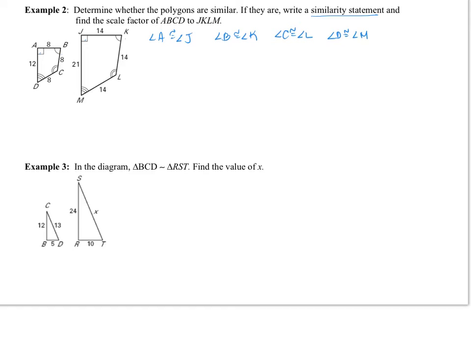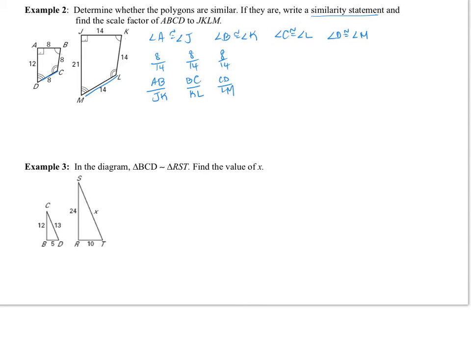Now we need to look at their sides. So first I'm going to look at AB to JK, which is 8 to 14. And let's look at BC to KL, which is also 8 over 14. And then we have CD to LM, which is also 8 over 14.